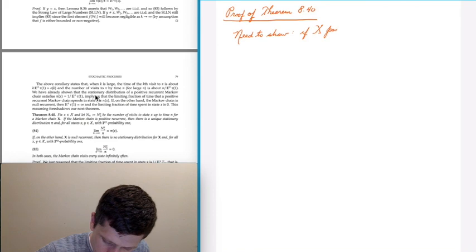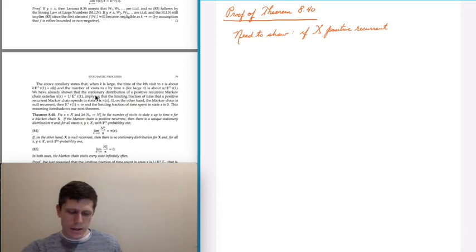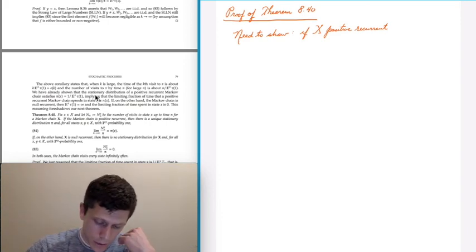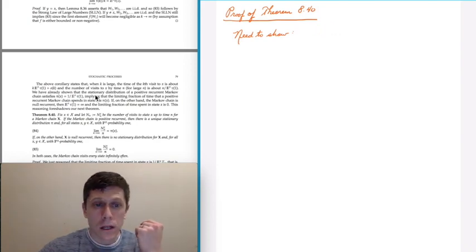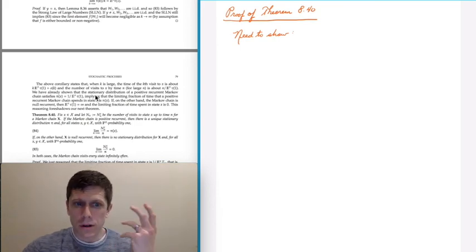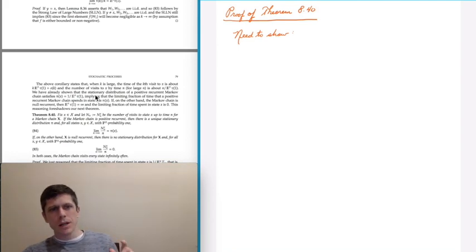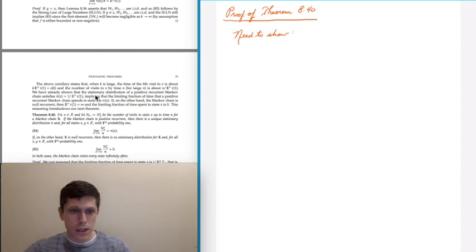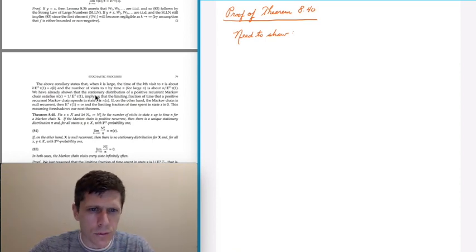I didn't say this earlier, but if a chain is irreducible and it has a positive recurrent state, then we did show that recurrence is a class property, and if all states communicate and one of those states is positive recurrent, then all states are positive recurrent. So that allows us to call the chain positive recurrent in that case, and that's what we've been doing. But that's what justifies that move.